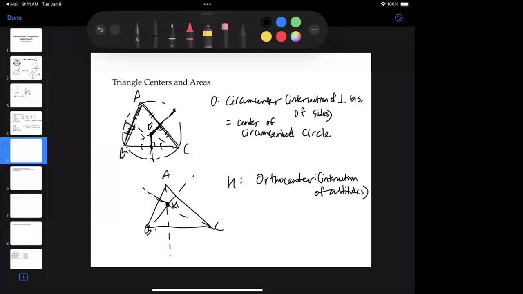And this has very nice properties, but it's not the center of a circle or anything. For example, the reflections of the orthocenter over the sides also land on the circumcircle. This is more advanced.